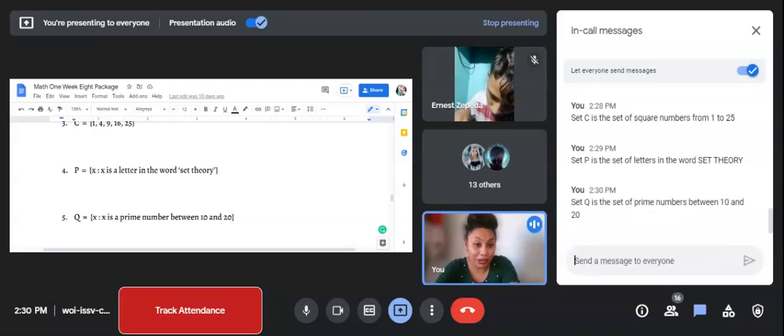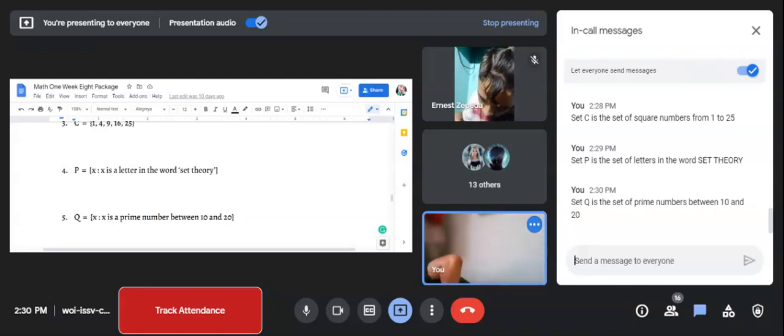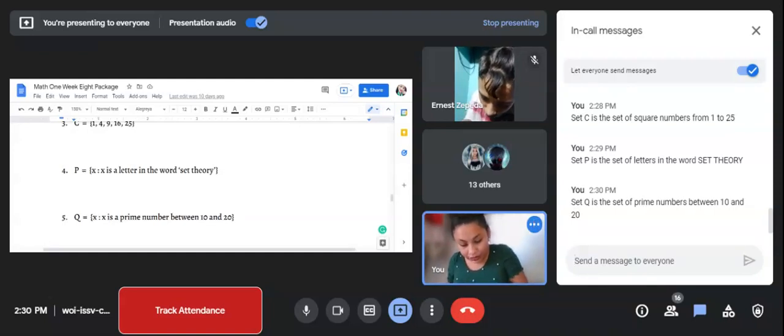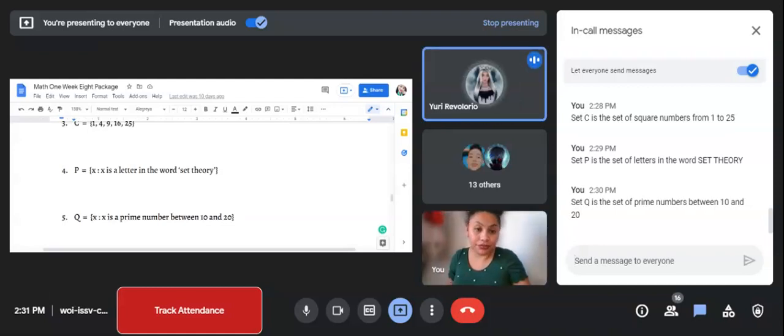And I have my description. If you want to write it in a different way, you can go ahead and write it in a different way. But you can use what the set builder is giving you. Questions, guys?